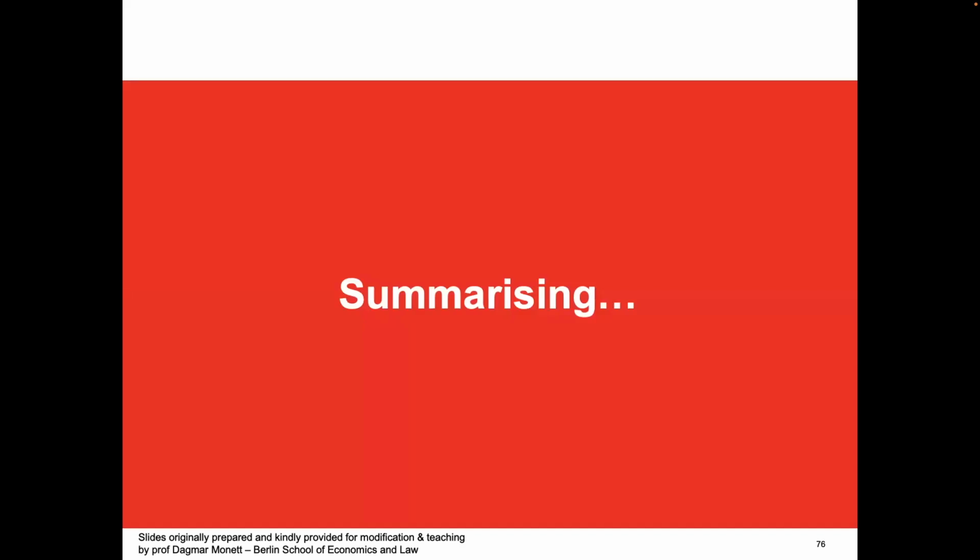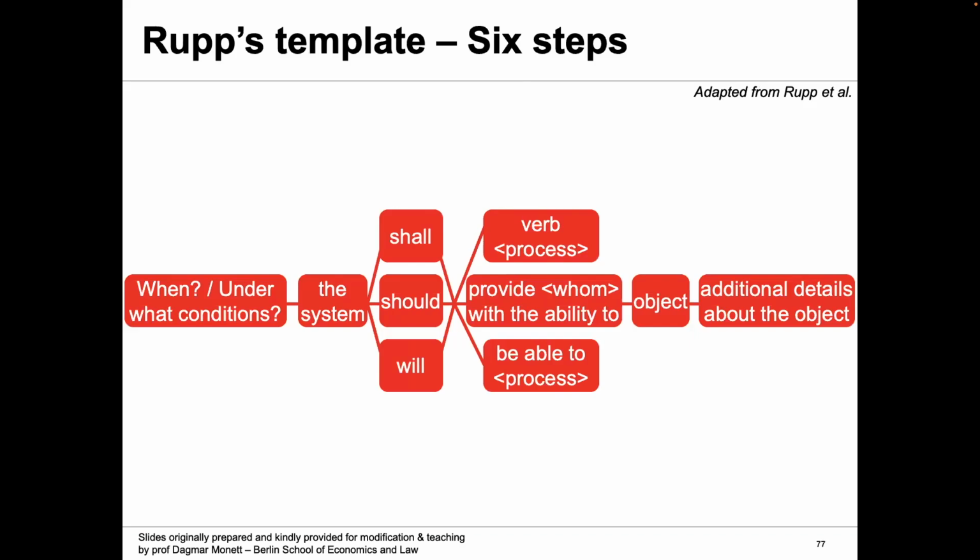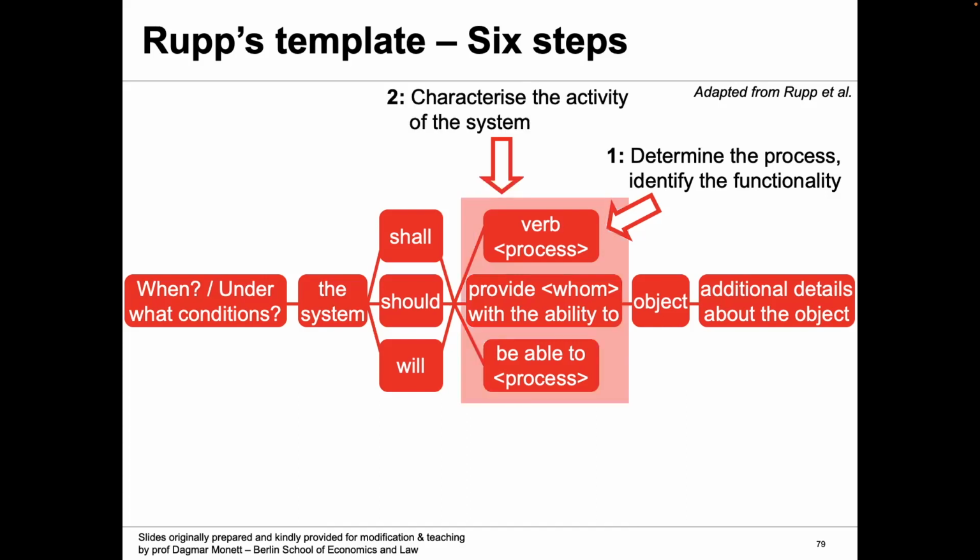Just summarizing what we have discussed, the 6 steps involved in this template. Number 1, you first determine an action word. That action is going to identify the functionality, so basically a verb followed by the process involved.